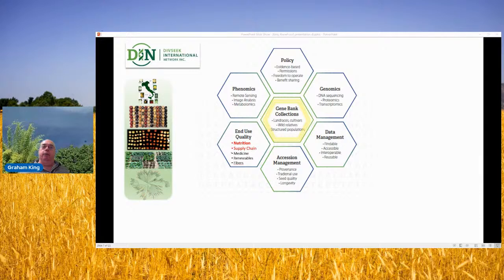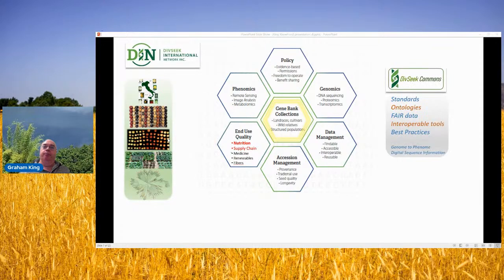And it really underlines the need for access to technologies which allow us to compare data both between and within different crops.